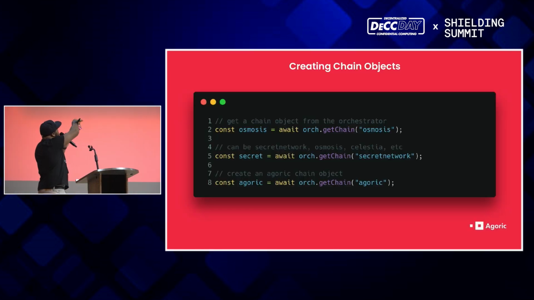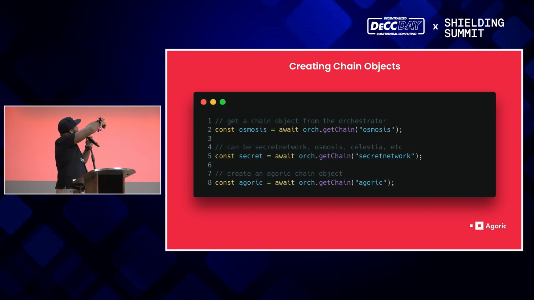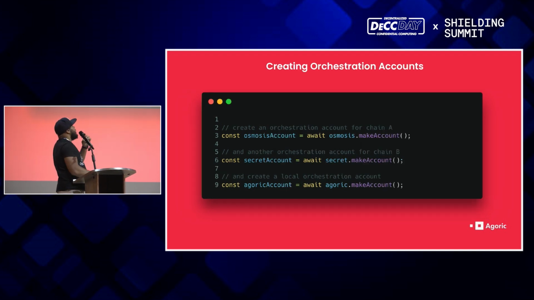So here's fundamentally how you would start doing this with the orchestration API. How many people in here know JavaScript at all? Okay, got a few people, nice. You'll see the recording later, so you don't have to pay too much attention to this, but I'm going to run you through what it's saying. First, we get these chain objects, and we just pass in a string that is the network that we want to get.